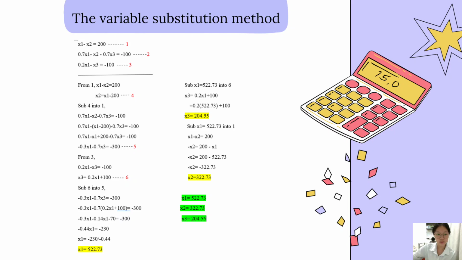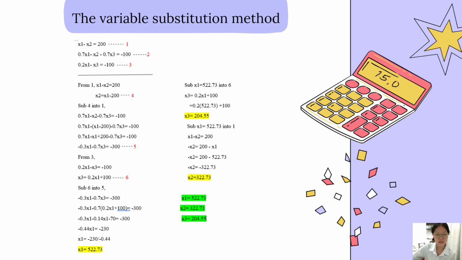Next, we have to substitute the number 6 equation inside the number 5 equation that we just got. We will substitute this one inside the 0.7 x3 in number 5. So we will get x1 equal to 522.73.